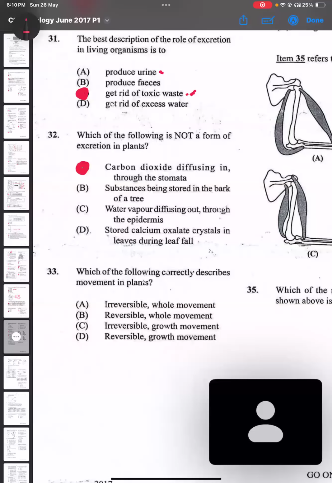It is reversible because the plant is able to change its movement, if it's growing in another direction.